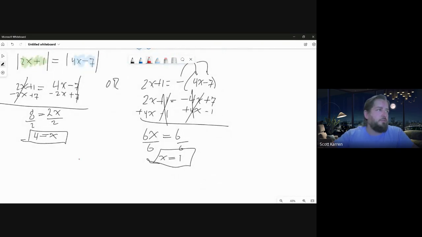I'm going to plug in 4. So that leaves me with the absolute value of 2 times 4 plus 1 on the left-hand side, which should be equal to the absolute value of 4 times 4 minus 7. But 2 times 4 is 8, and 8 plus 1 is 9, and the absolute value of 9 is 9.